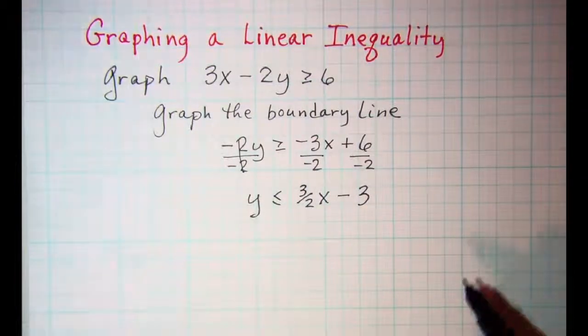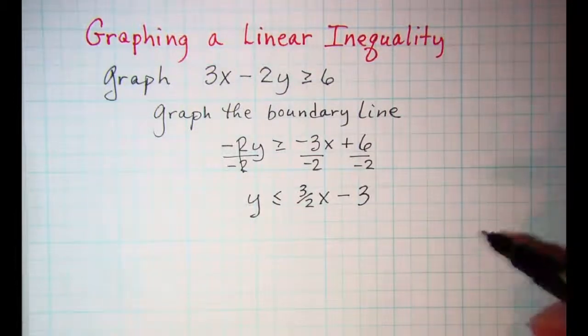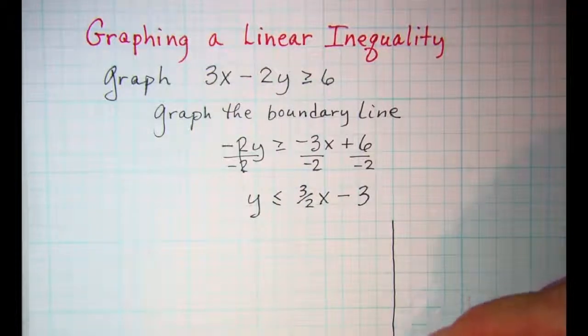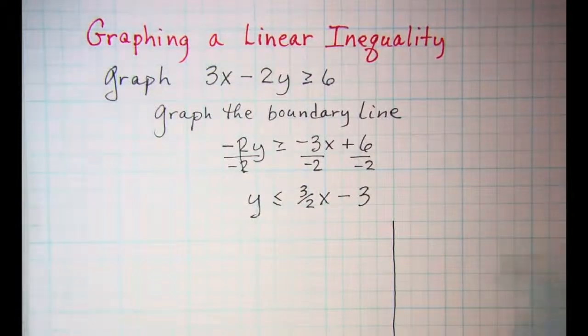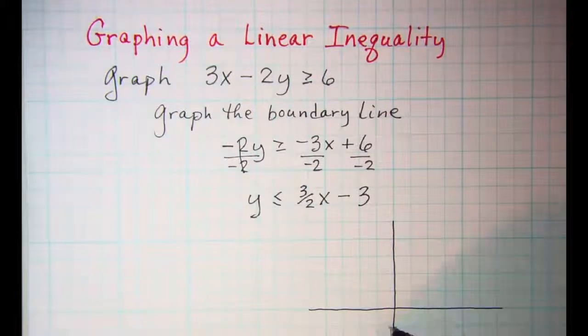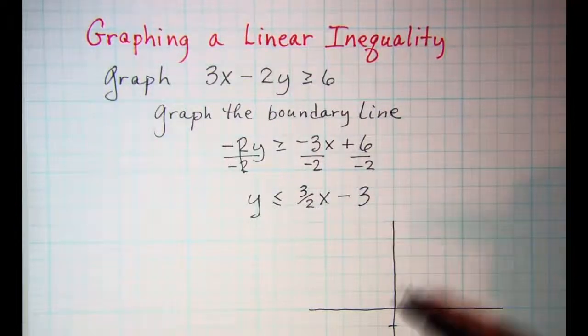So our boundary line has a y-intercept of -3, and a slope of up 3 and right 2.